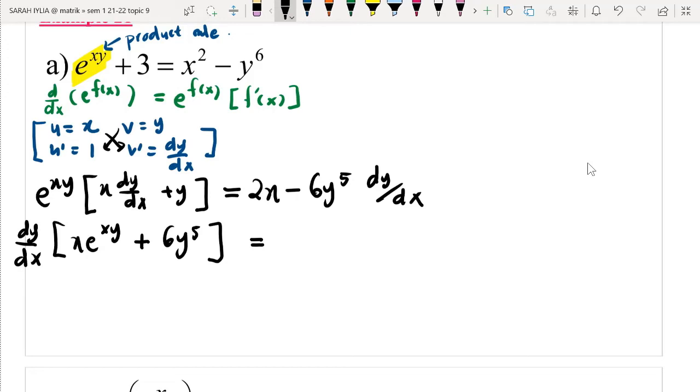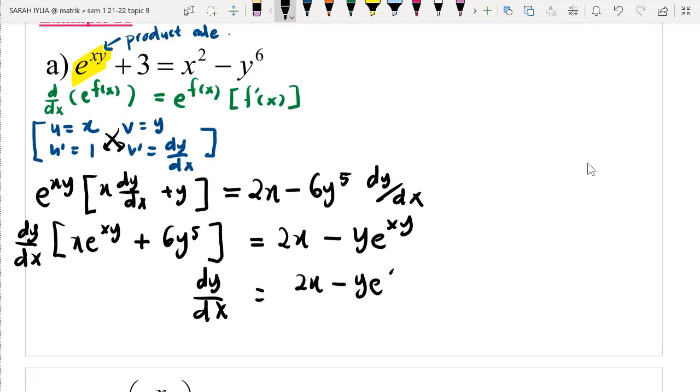So we have 2x minus y e to the power of xy. Okay. Dah cantik. And then last part, we simplify. Finally, our dy dx here would be 2x minus y e to the power of xy divided by x e to the power of xy plus 6y to the power of 5. Okay, settled.